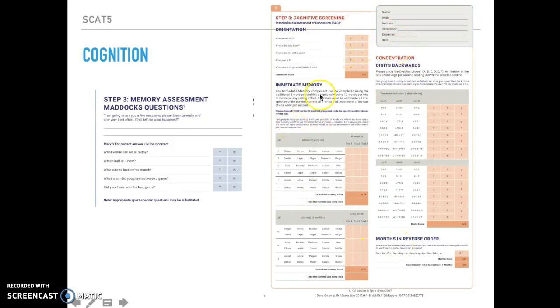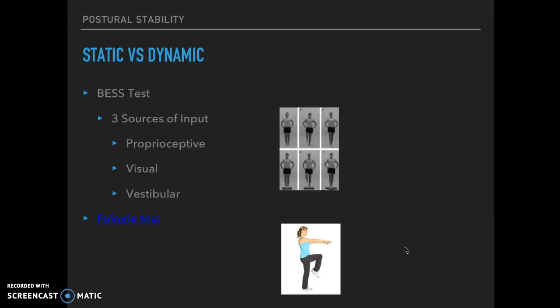So we are going much more in depth with our questions, and now we're starting to give a score. Again, the Maddocks questions happen at the initial assessment to figure out if you are concerned about a concussion. And if you are, you go on and do the orientation: what's the month, what's the date, what day of the week, what year, and what time. Immediate memory is a word recall. The digits backwards is a digit recall, and then the months in reverse. So this is a pretty robust way to test brain function. Okay.